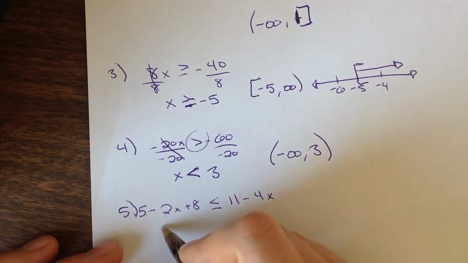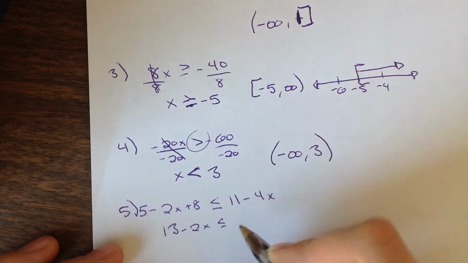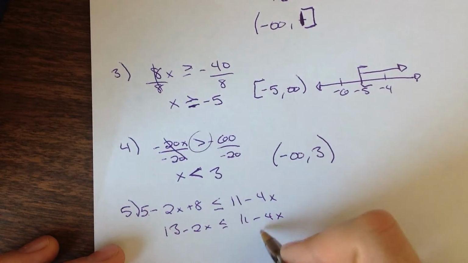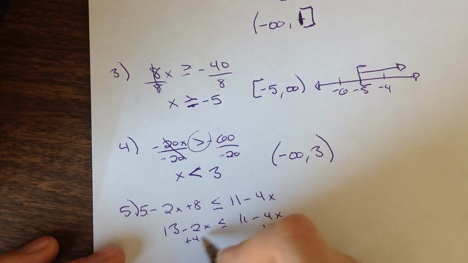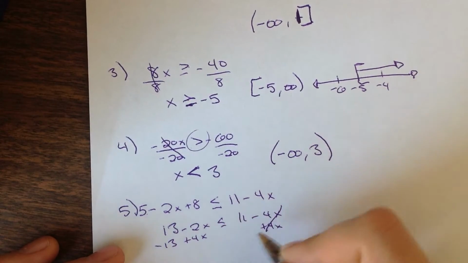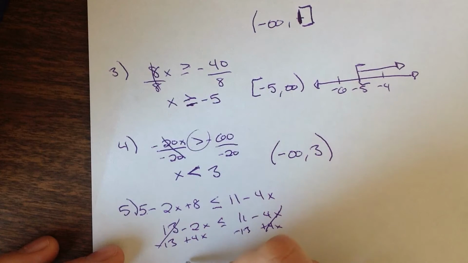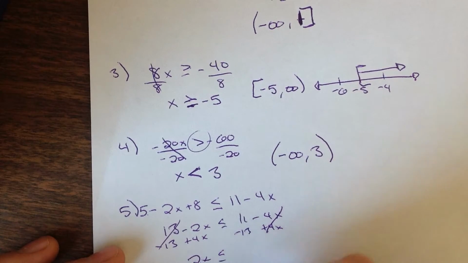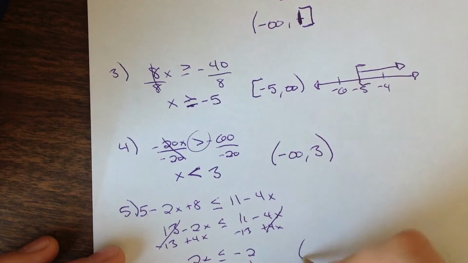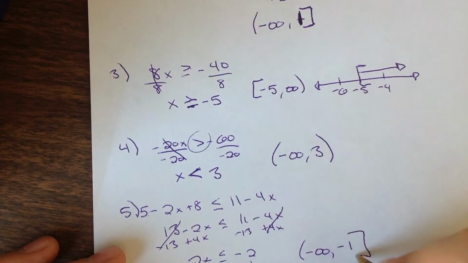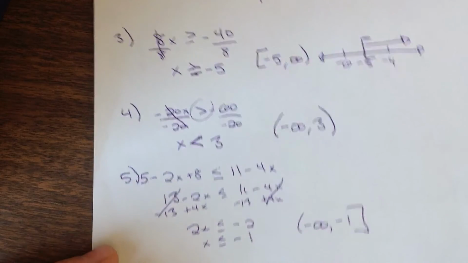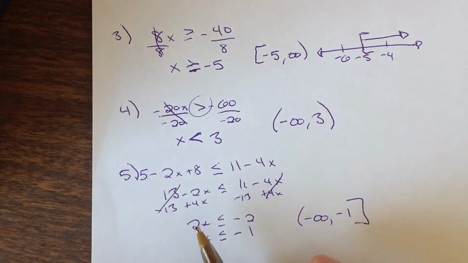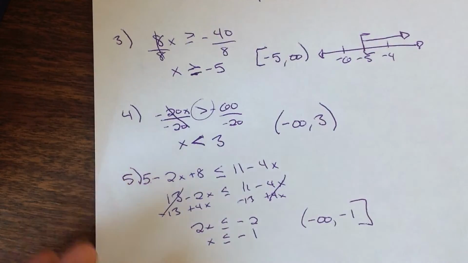So 5 plus 8 is 13 minus 2x, adding 4x over, subtracting 13. So we get 2x is less than or equal to negative 2, x is less than or equal to negative 1. So negative infinity up till negative 1 would be our solution set. And because we divided by positive, the sign stays the same.